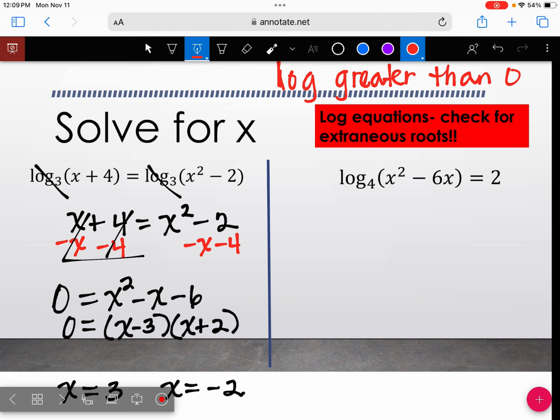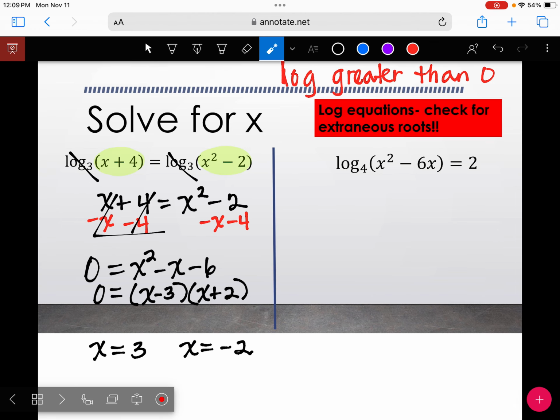What that means is when you take these numbers, I want you to do a test, and it's not even a hard test. Test to see if you put a 3 right here in this first bubble, is that going to be a positive number? 3 plus 4, does that work? Okay, what about over here? 3 squared minus 2, is that okay? Yeah. So that means we can keep the 3.